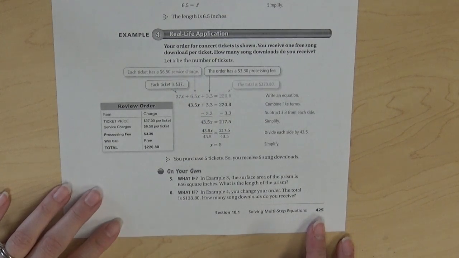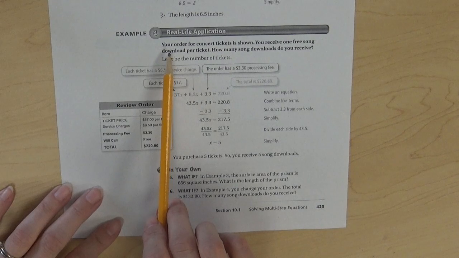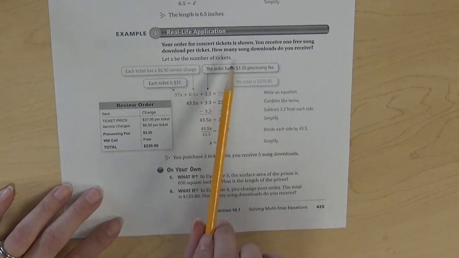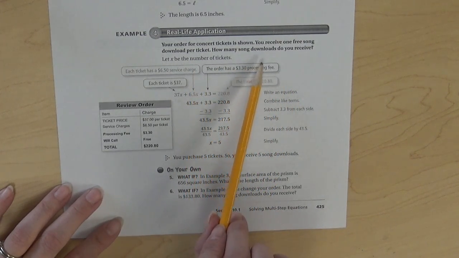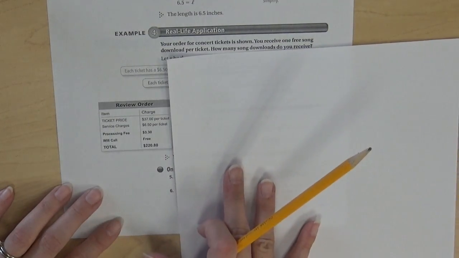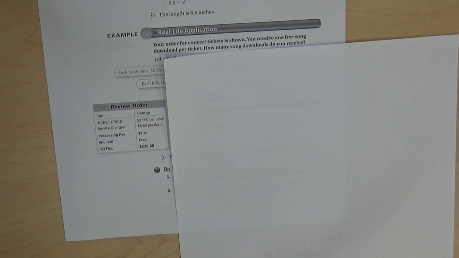All right, number 4 states that your order for concert tickets is shown in this box. You receive 1 free song download per ticket. How many song downloads do you receive? I'm going to cover up where they've worked through it, and then zoom in a little bit so that it shows up better.